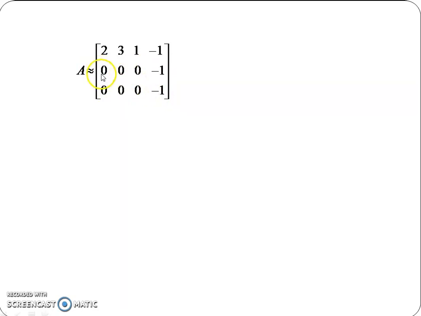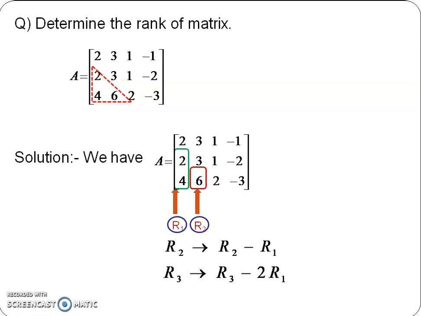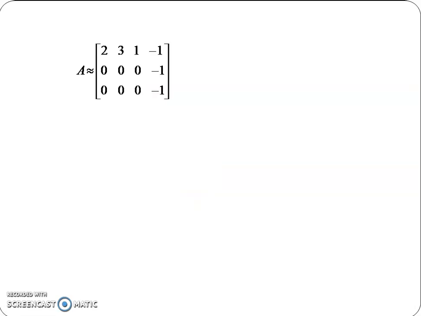So we decided to convert these three elements to 0, which we have already done with these 2 row operations. But still there is scope to convert the bottom row to a 0 row. So whenever it is possible to convert the bottom row to a 0 row without disturbing the previously made 0, you have to perform the row operation.